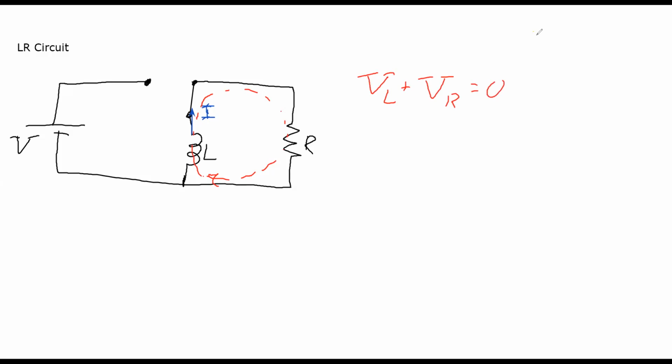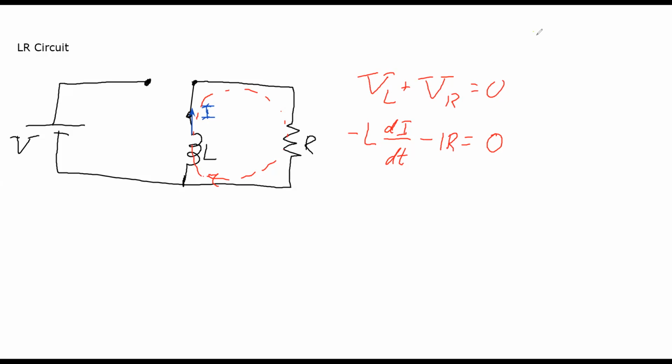The voltage across my inductor is negative L di over dt, and the voltage drop across my resistor is negative IR, right? So that sum equals 0.